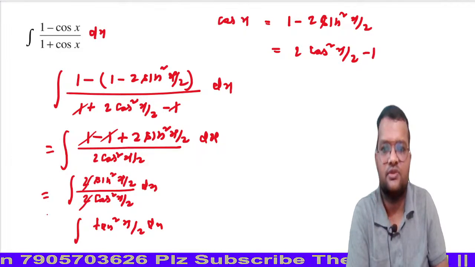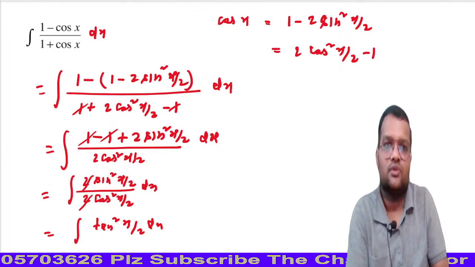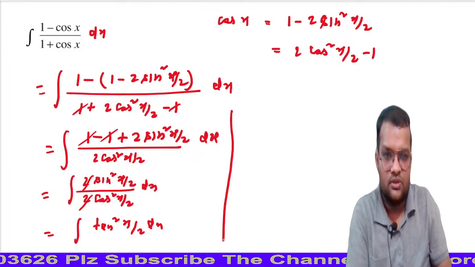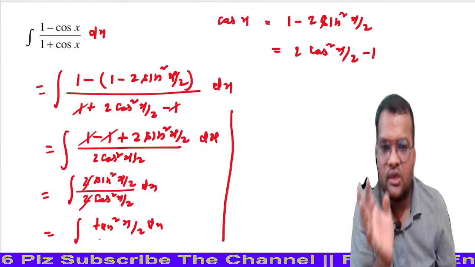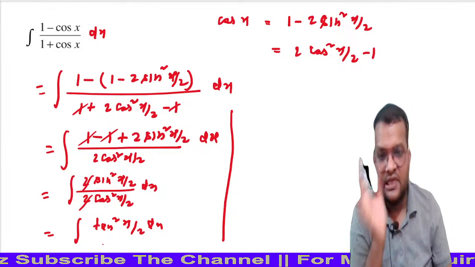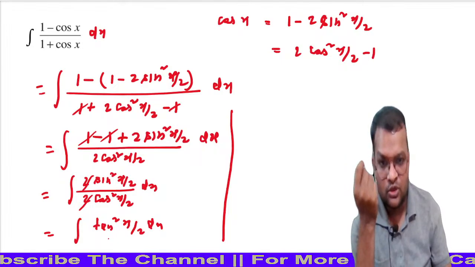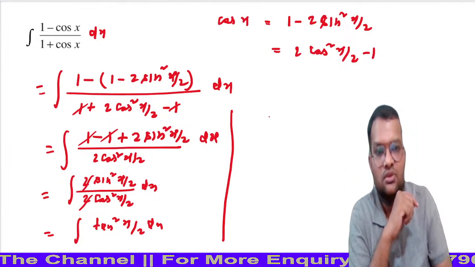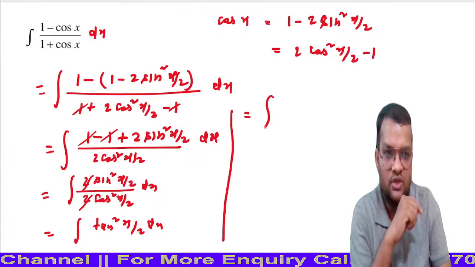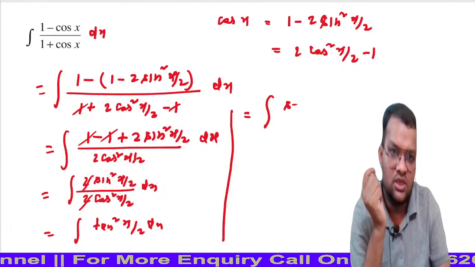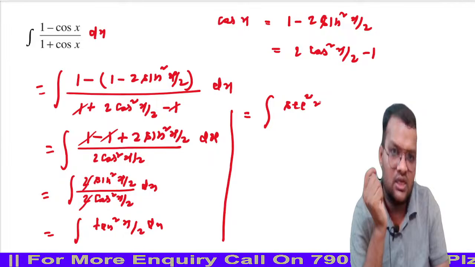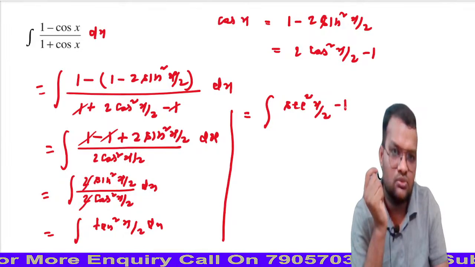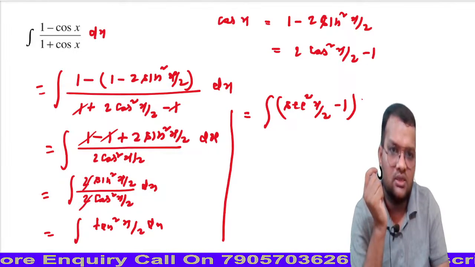What do you do? You know there is no standard integration of tan square x. So you need to break tan square x into sec square x minus 1. So it becomes the integration of (sec square x by 2 minus 1) dx.